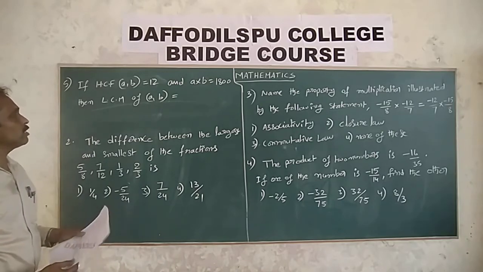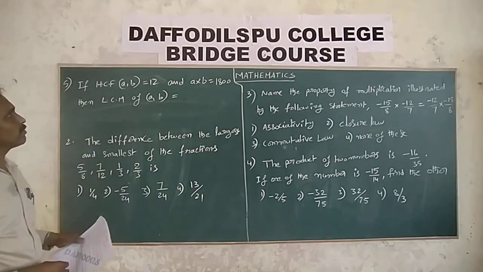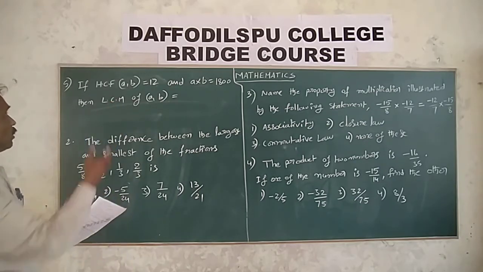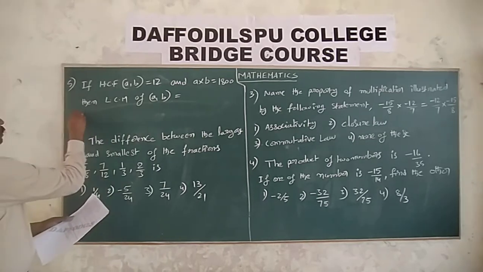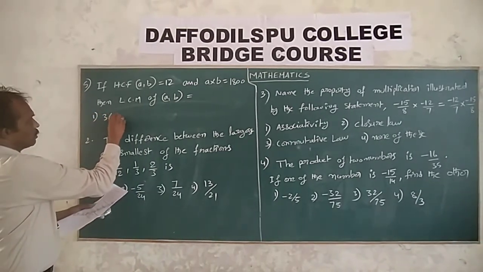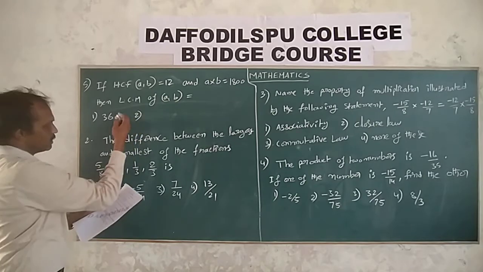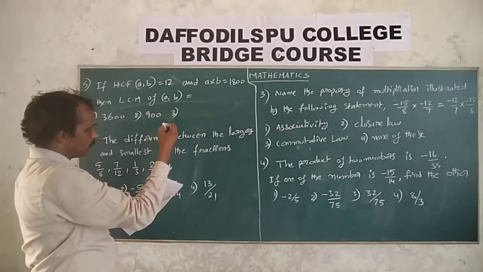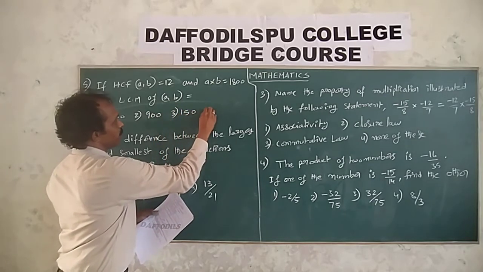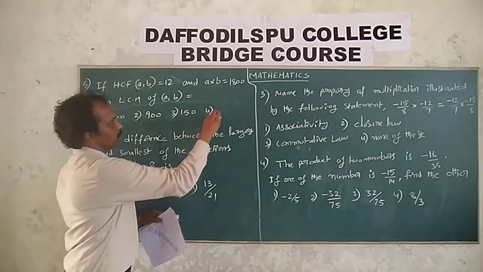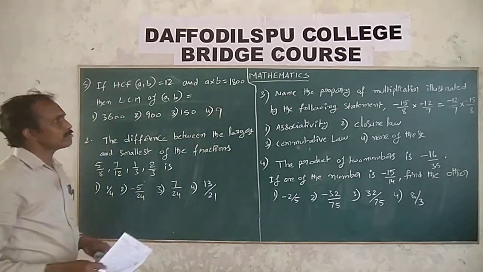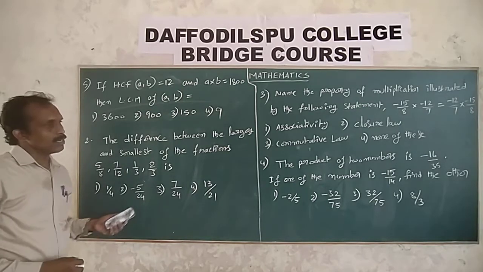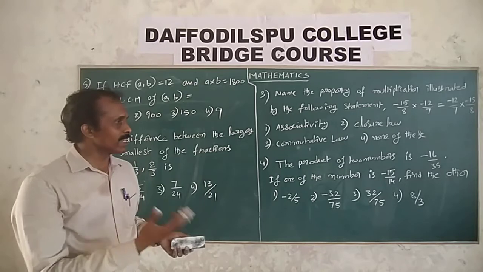This concept was also discussed in previous classes. What is the relation between HCF, LCM and the product of the numbers? Use that concept to do this problem. Options are 3600, second option 900, third option 150, fourth option 9.